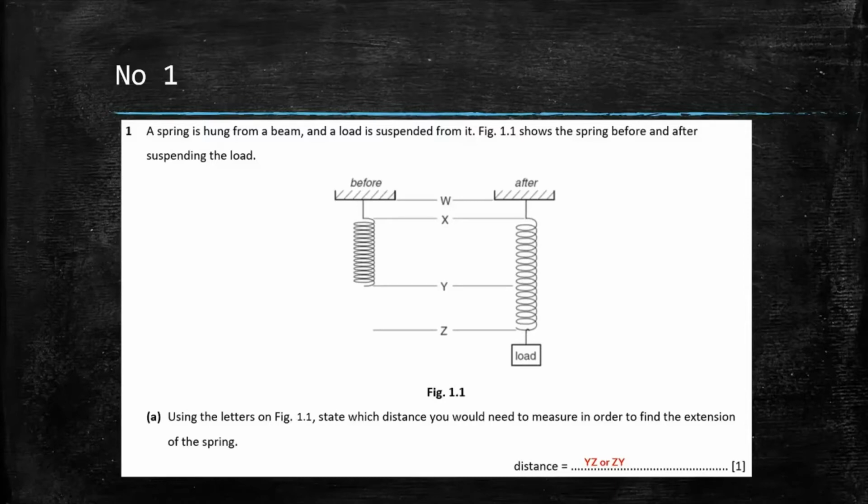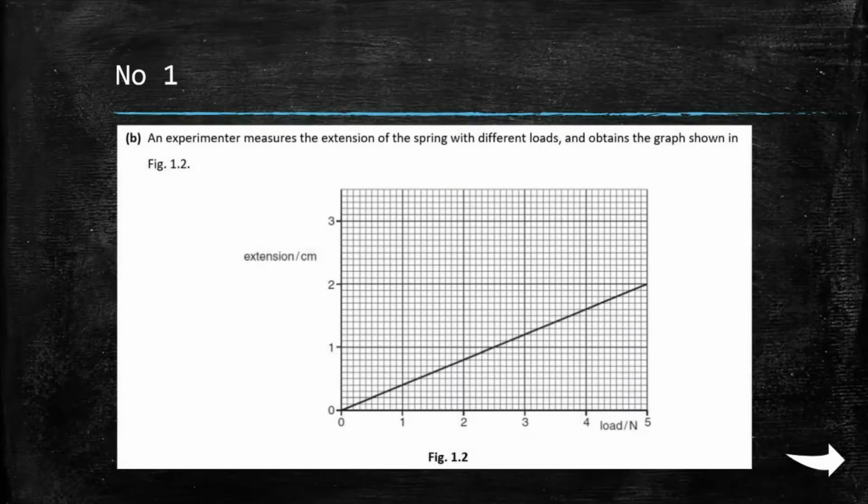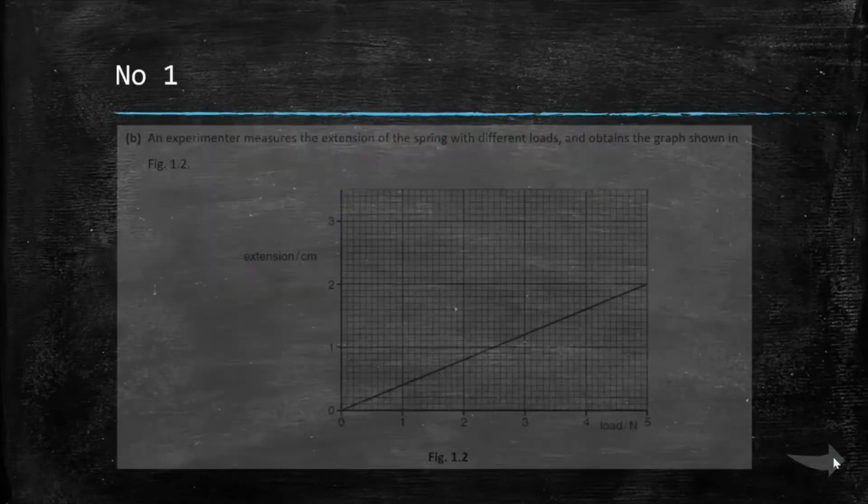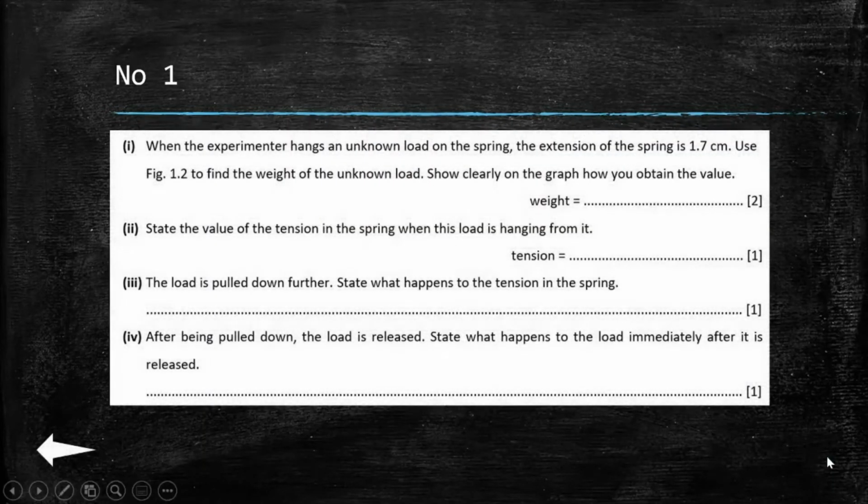Question 1b. An experimenter measures the extension of the spring with different loads and obtains the graph shown in figure 1.2. Question 1bi.